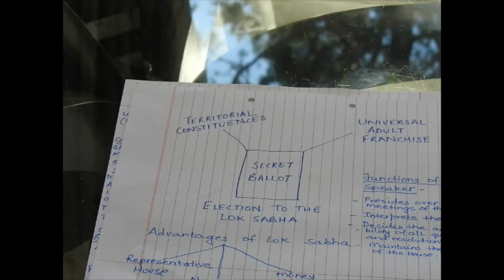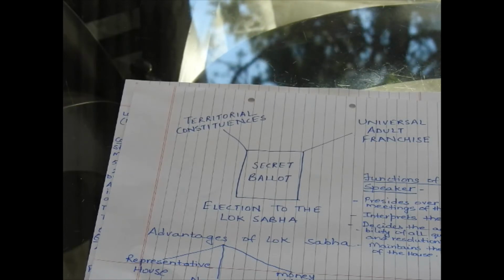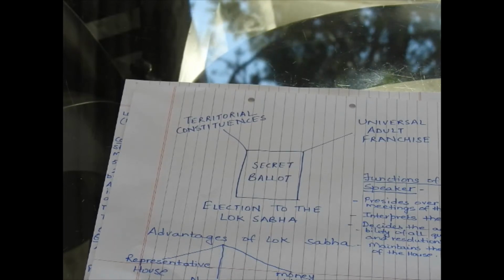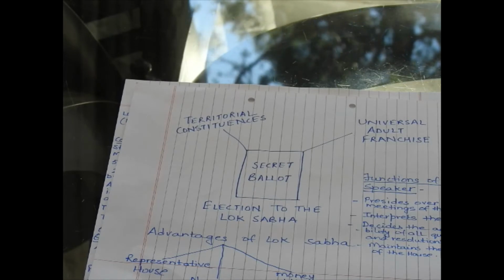Rajya Sabha basically has no power over money bills. Then a no confidence motion can only be introduced and passed in Lok Sabha. Because of its numerical strength, it has a greater say in the election of the president and of the vice president. So these are the advantages of Lok Sabha.